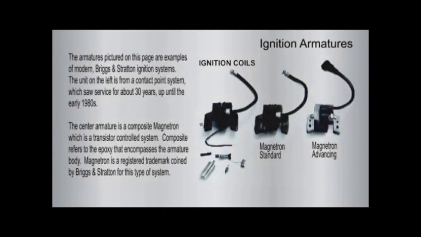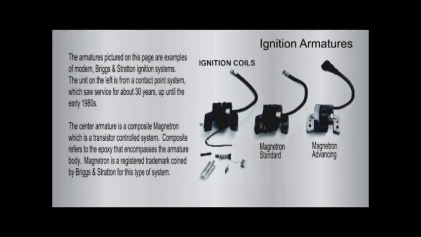The armatures pictured on this page are examples of modern Briggs & Stratton ignition systems. The unit on the left is from a contact point system, which saw service for about 30 years, up until the early 1980s. The center armature is a composite magnetron, which is a transistor-controlled system. Composite refers to the epoxy that encompasses the armature body.